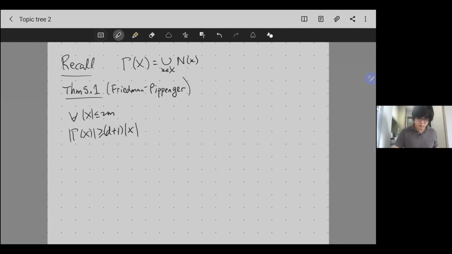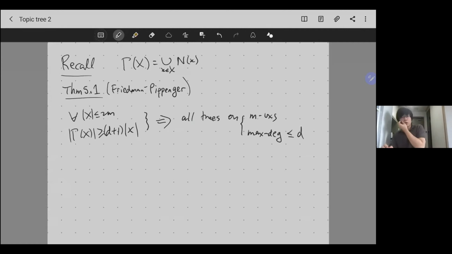Then we will get all trees on m vertices and max degree d. So we can get, with expansion, bounded degree trees with relatively large size m, but there's an upper bound on what m can be.